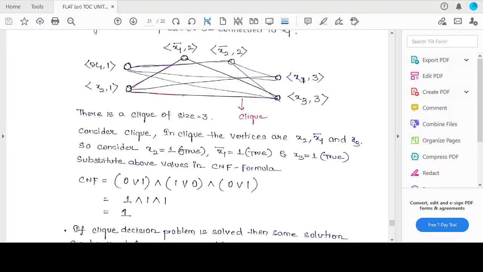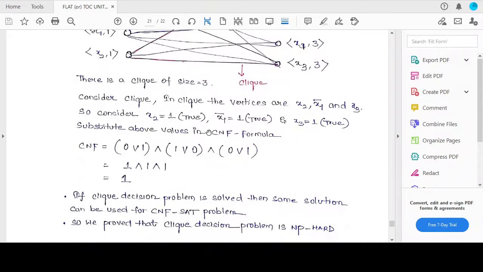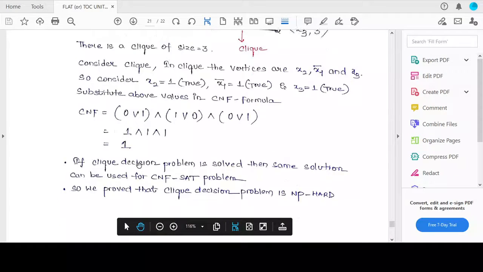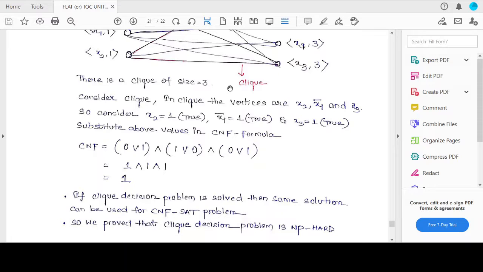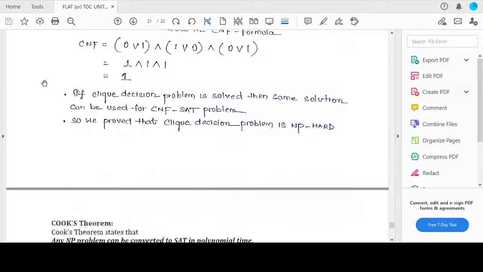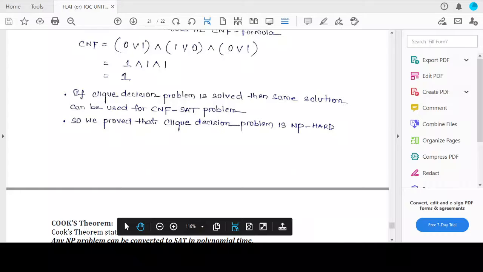So x2 is 1, that is true, x1 bar is also 1, it is true, and x3 is equal to 1, it is true. Substitute these values in the CNF satisfiability equation, and you will get a true result. So here we could prove that the solution of the clique decision problem also gives the solution for the CNF problem.